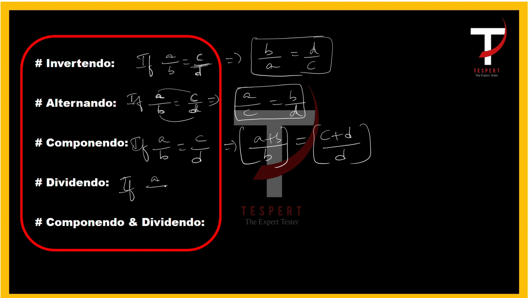If a by b is equal to c by d, then a minus b by b is equal to c minus d by d. In componendo, we sum up both the values. In dividendo, we subtract, right?